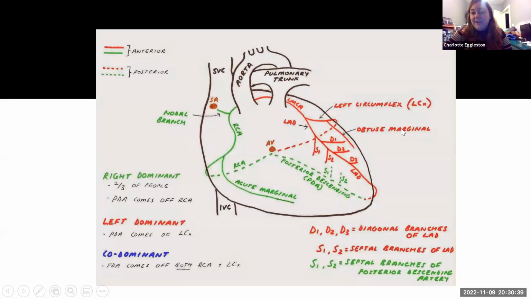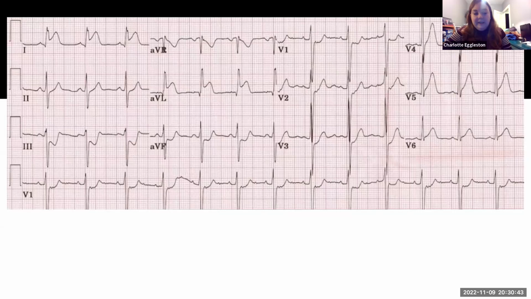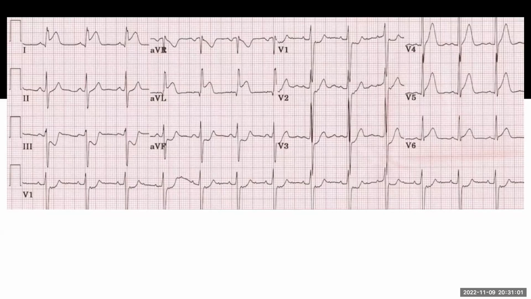Again, I'm just going to keep flashing up that picture because it helps me to think about the anatomy as well. What can anyone see on this one? ST elevation in 1, V5, V6.